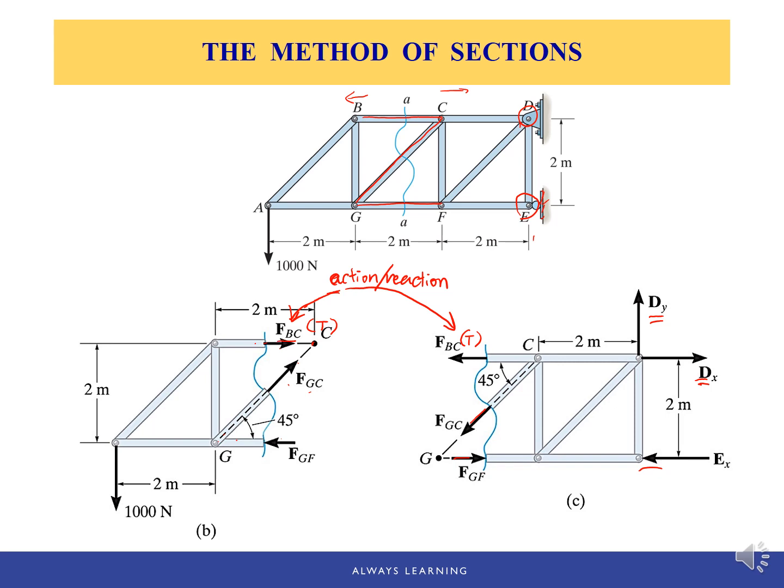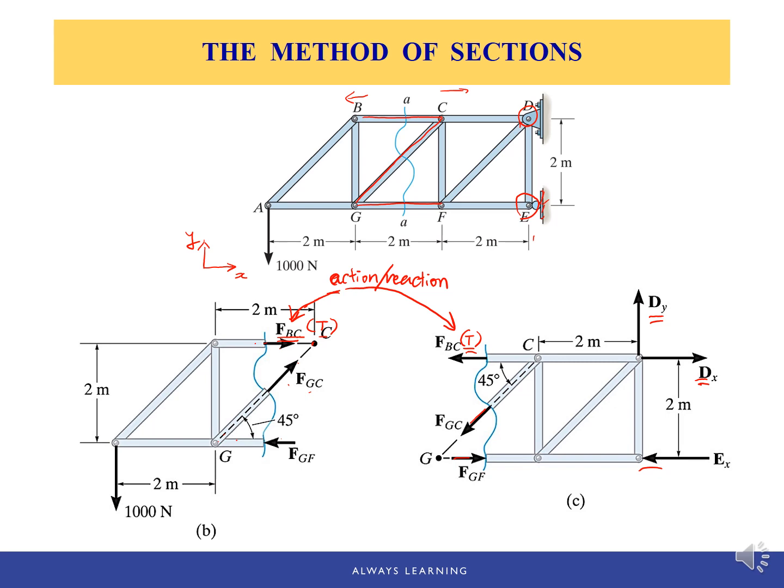So this FBC on the left segment is in tension, and on the right segment it is also in tension, and they have the same magnitude.